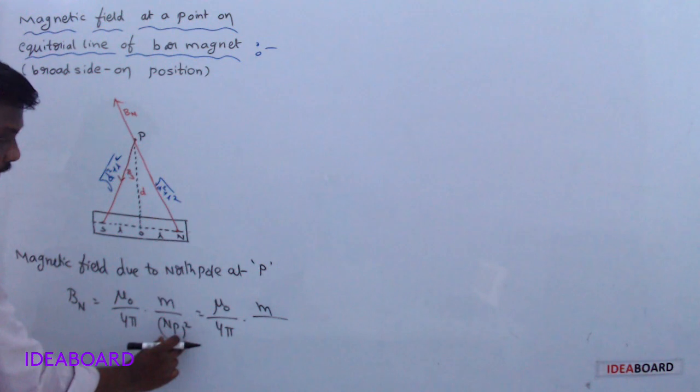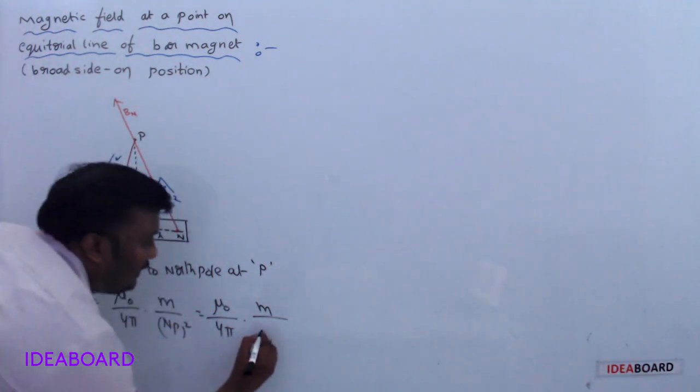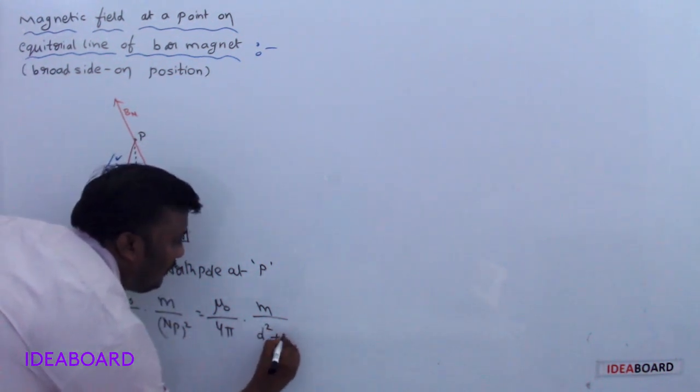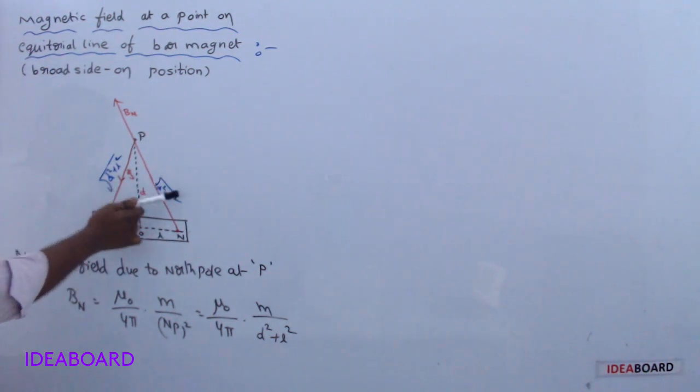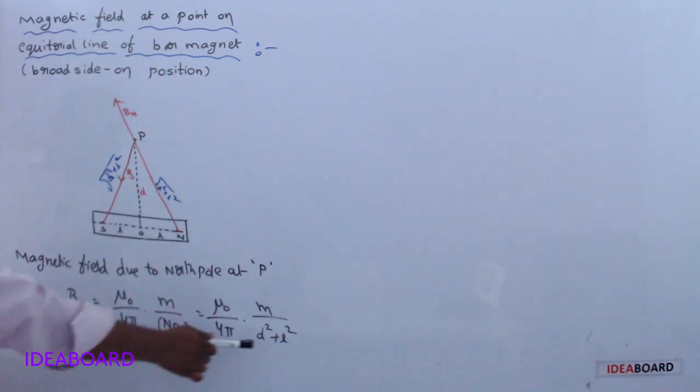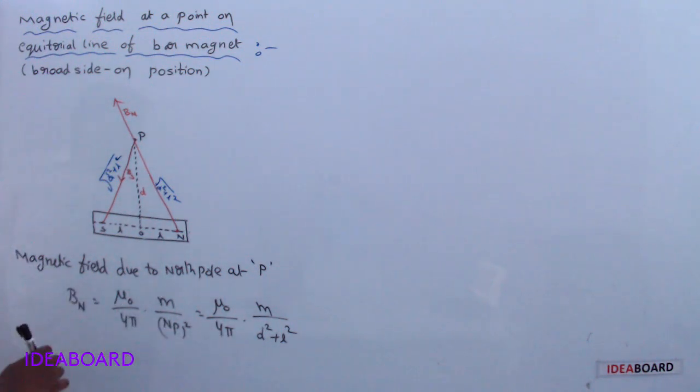Here the square and the root cancel, then we have d square plus l square. Do you understand? Here the root is there, the square and root are cancelled, then you get d square plus l square.